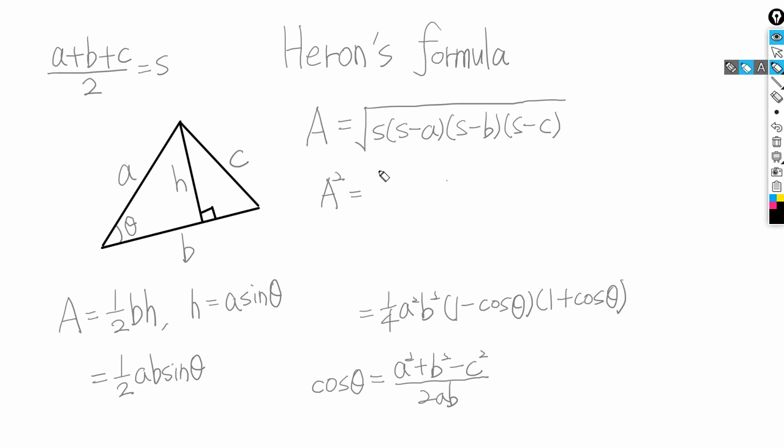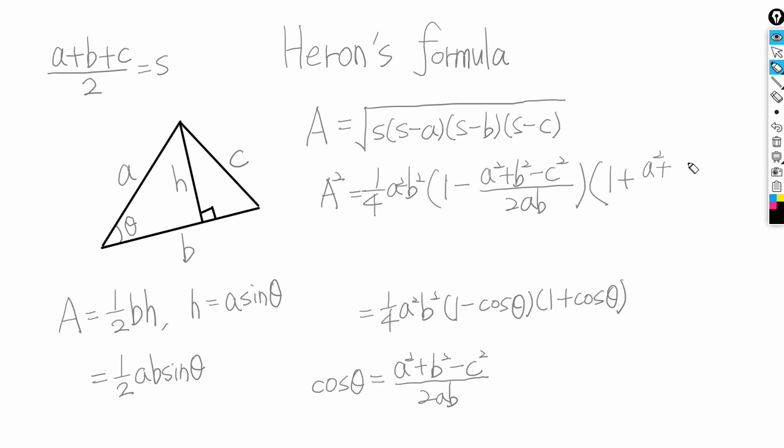If we do that, the first parenthesis is 1 minus (a squared plus b squared minus c squared over 2ab) times the second parenthesis, which is 1 plus (a squared plus b squared minus c squared over 2ab).